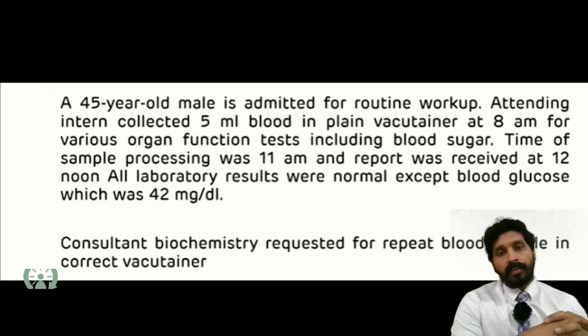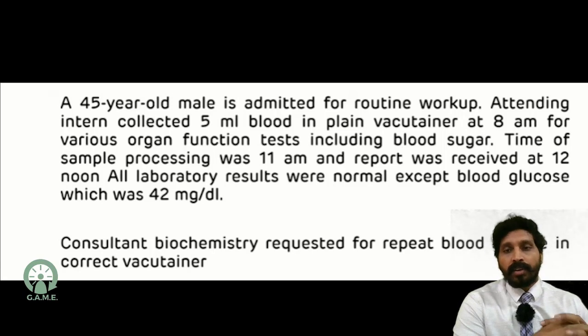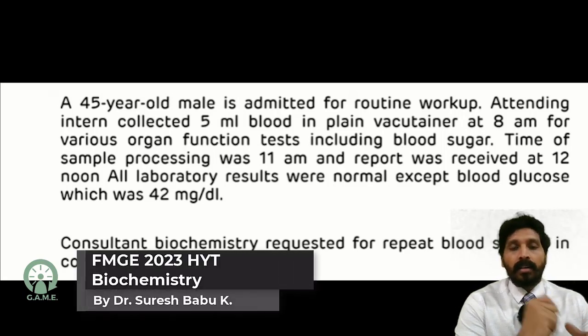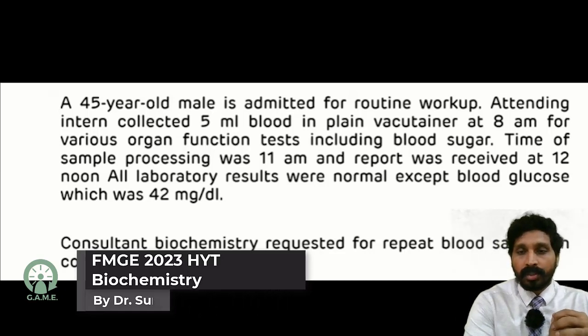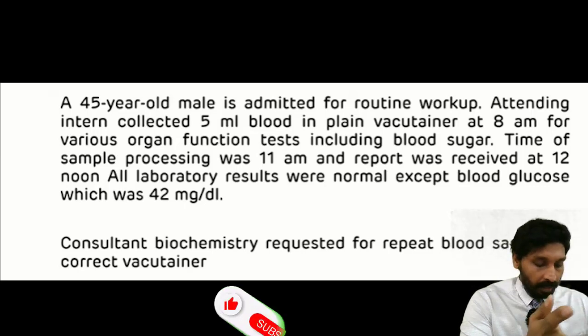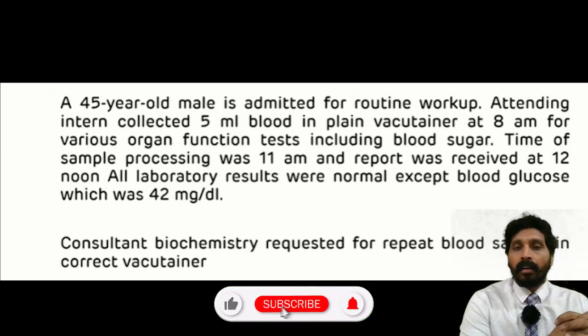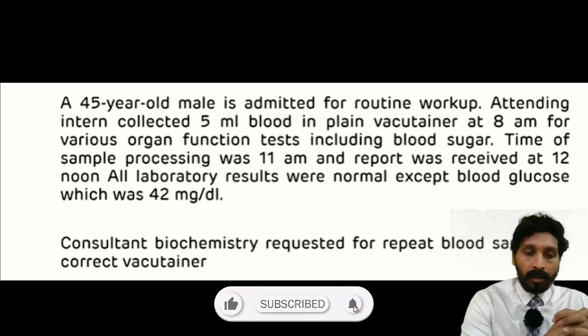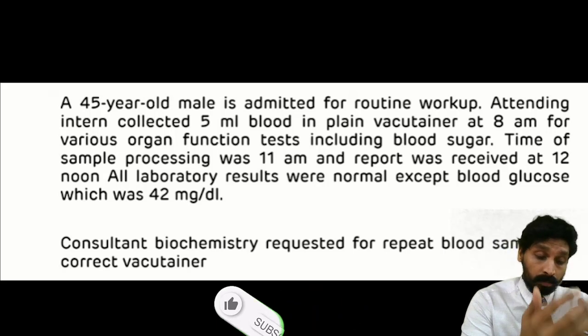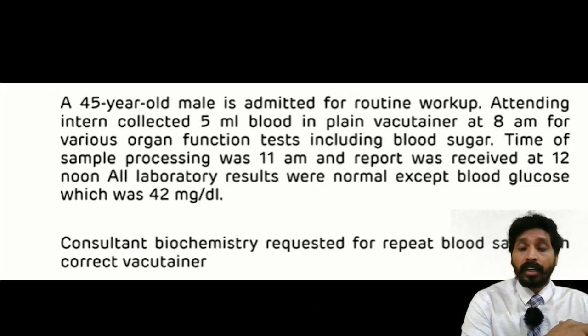As a part of our FMGE case-based questionnaire for the session July 2023, here is another case-based question. This question is mainly related to blood glucose estimation: what are the methods for blood glucose estimation, what type of vacuum tube is used for the blood collection for glucose estimation, and what is the importance of that particular type of tube.